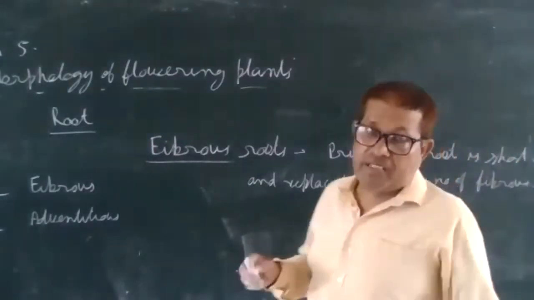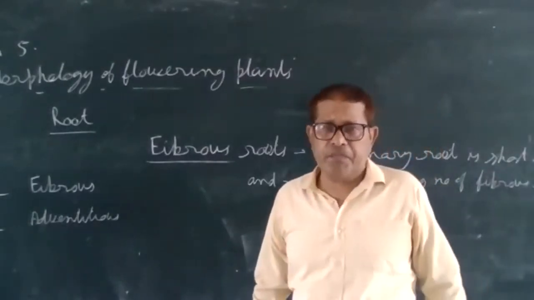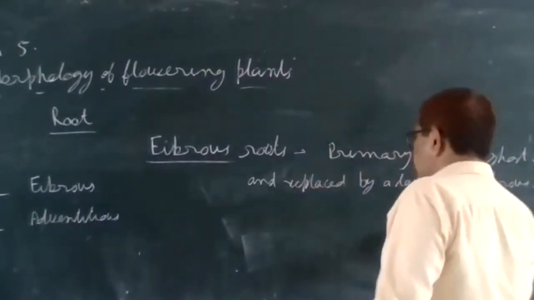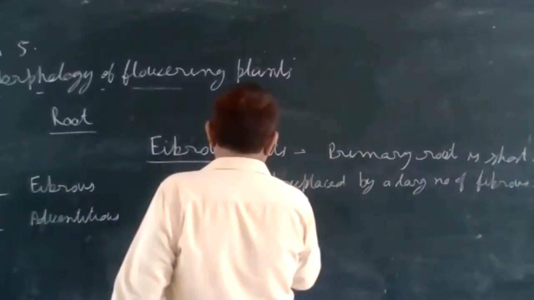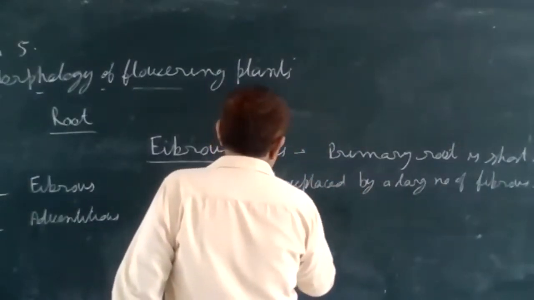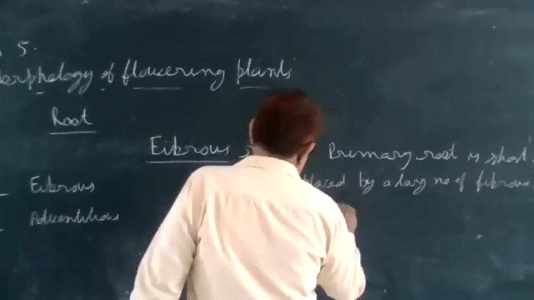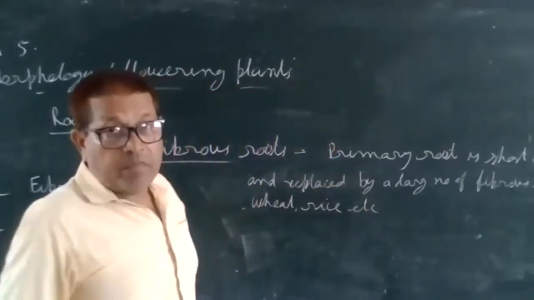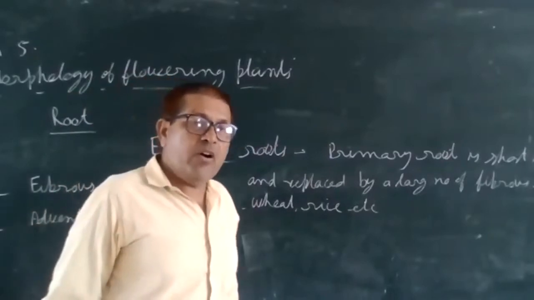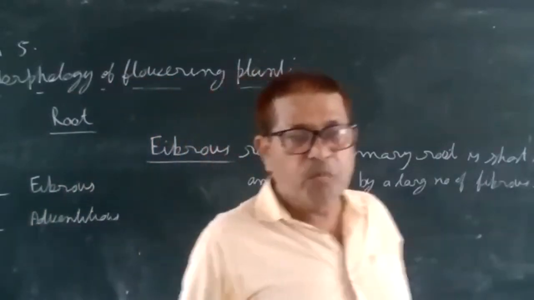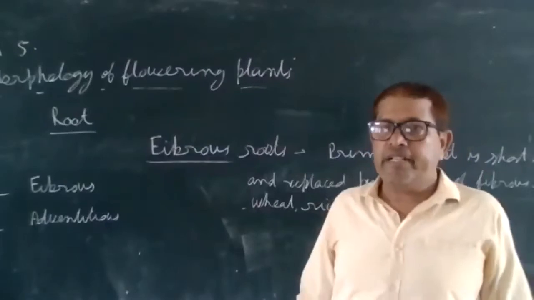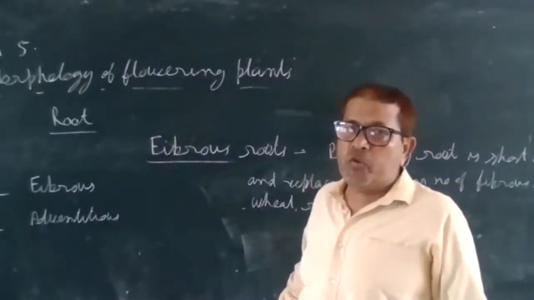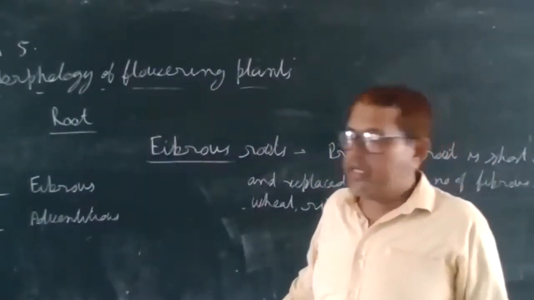These fibrous roots are thread-like, as in the case of wheat, rice, etc. Fibrous roots are found in monocot plants.